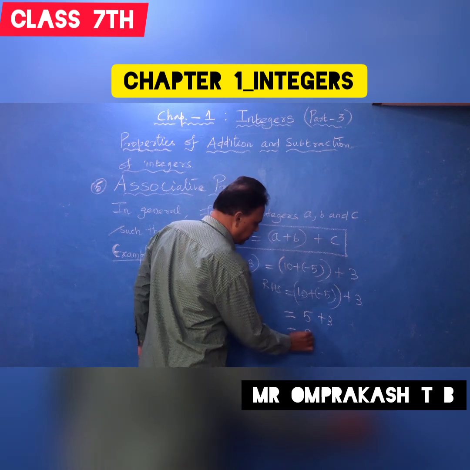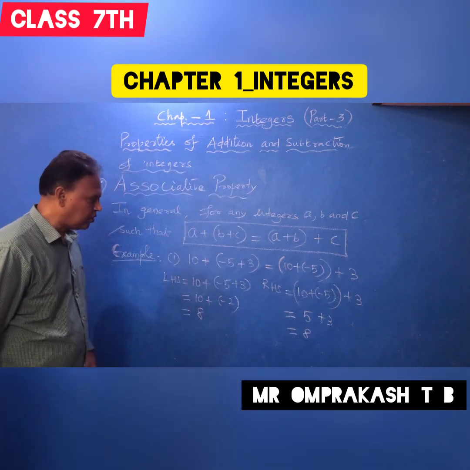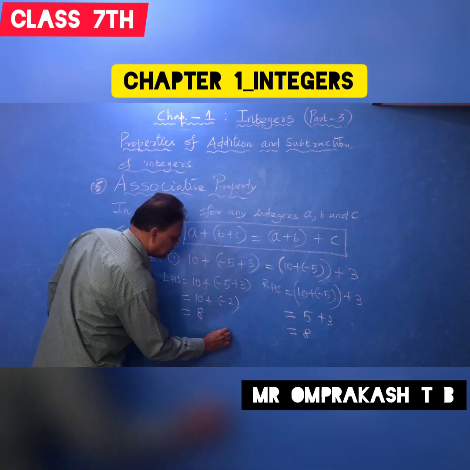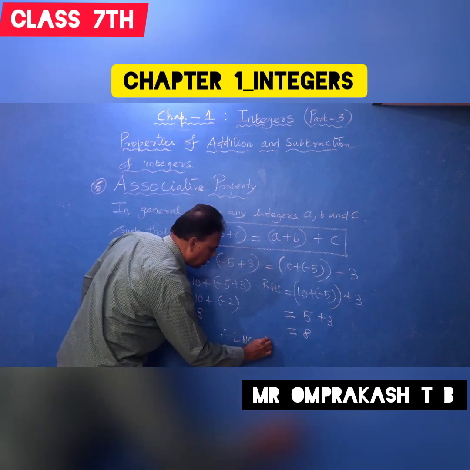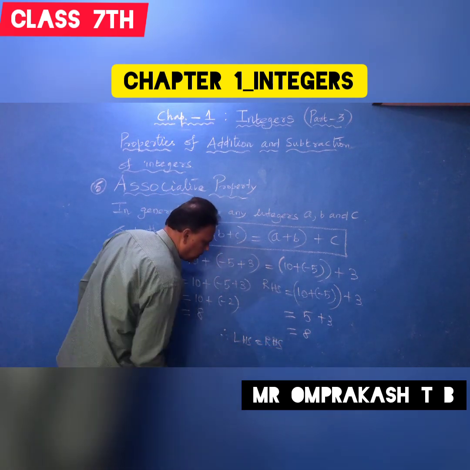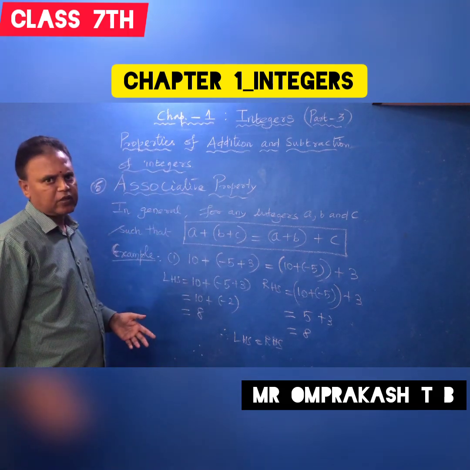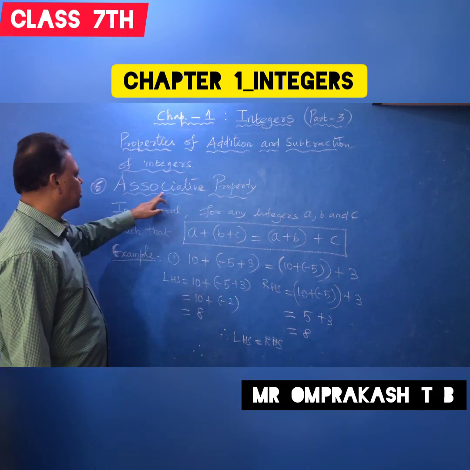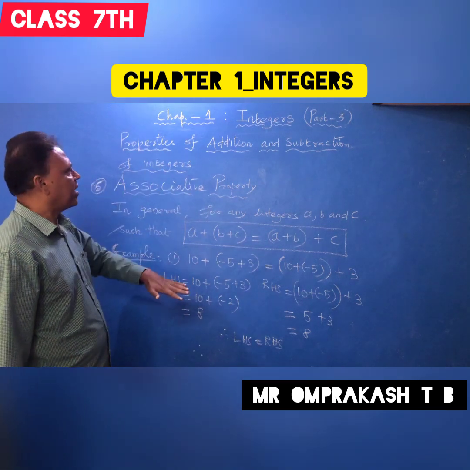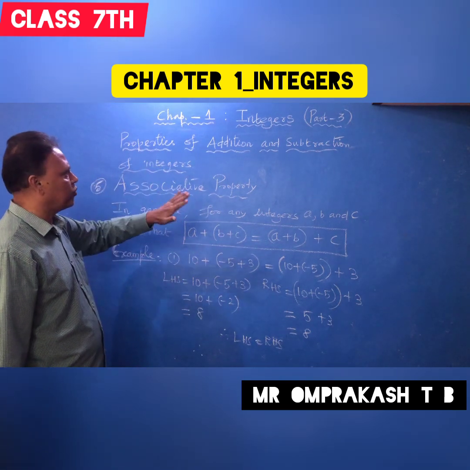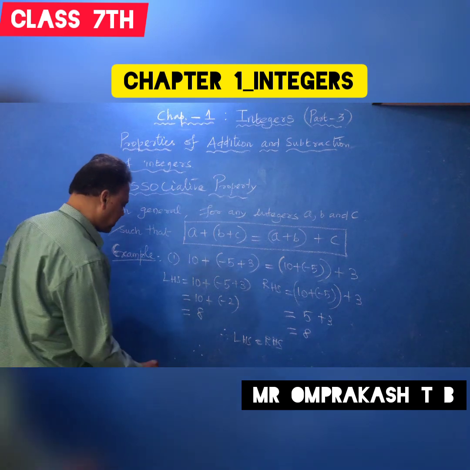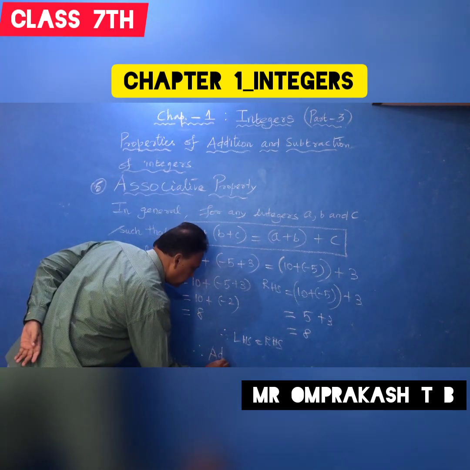That is equal to 8. Therefore, left hand side equals right hand side. Therefore, LHS equals RHS. Okay. Therefore, associative property is satisfied. So addition is associative for integers. Clear? Addition is associative.